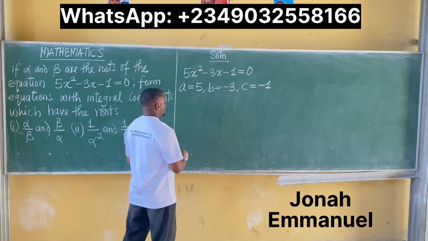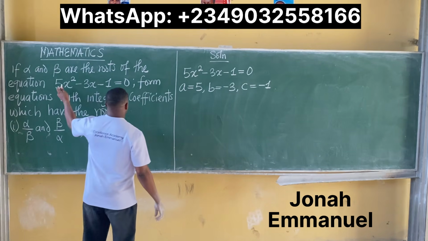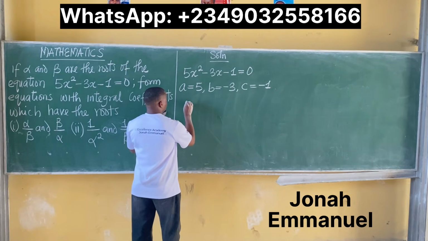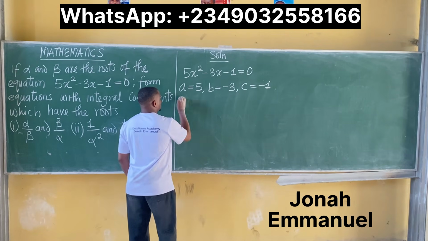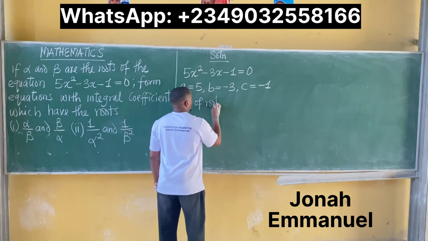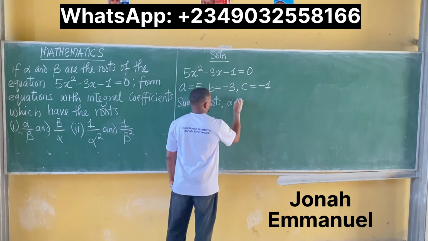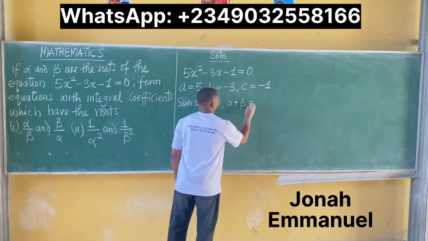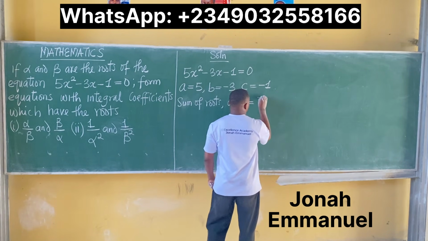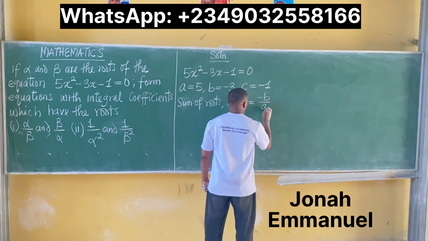Now, having got this, they said alpha and beta are the roots of the equation. So let's get the sum of roots, alpha plus beta. In our previous class, we said the sum of roots, alpha plus beta, is given as minus b all over a.